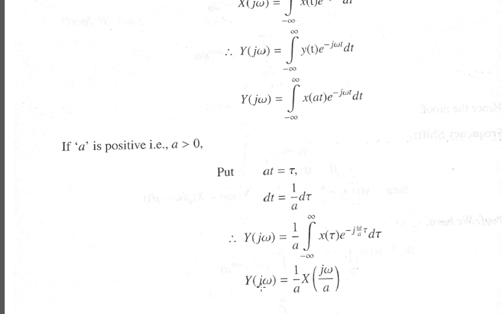Then y of j omega is equal to 1 by a. So now x of tau is there, the same tau is there, and minus j. We have that same equation, but except for this minus j and tau, the other term is omega by a. So we need to write x of j omega into whatever is there except minus j and the variable, so it is omega by a.